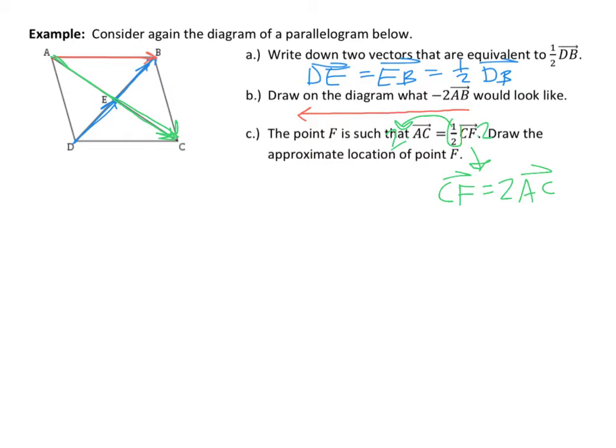So now, if CF is twice AC, this is AC, I would just use twice that AC, and so approximately that's where the point F is. The idea here was that I took the direction and the length of AC, and I used it not once, but twice to get me from C down here to F.